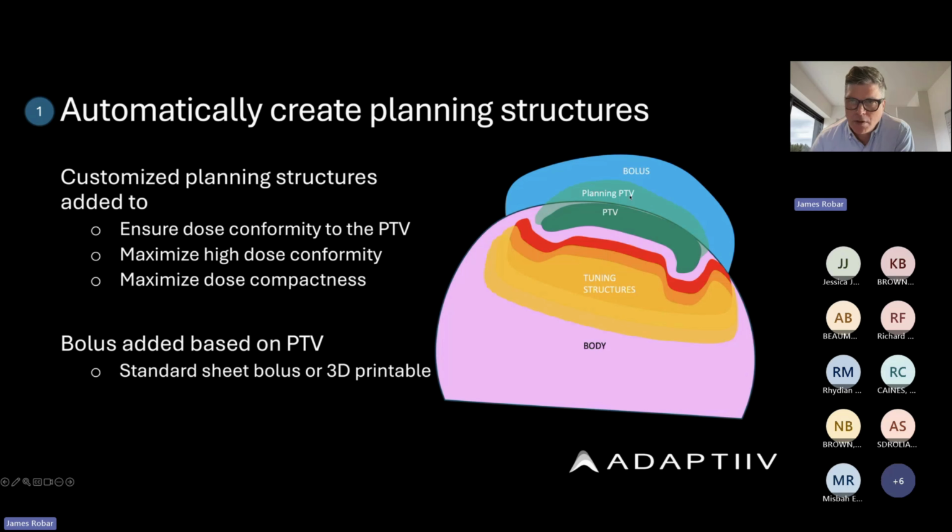Step 1B here is extending the PTV into the bolus a little bit as a planning construct. That's done to avoid creating an interface, which can be problematic for optimization right at the surface. Some strategic tuning structures will be added as well to enforce dose conformity and compactness.